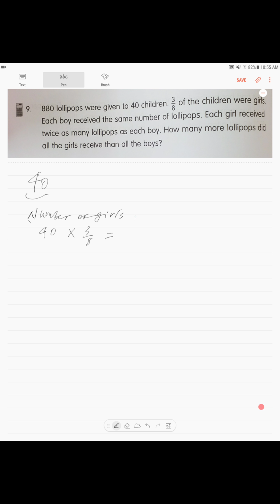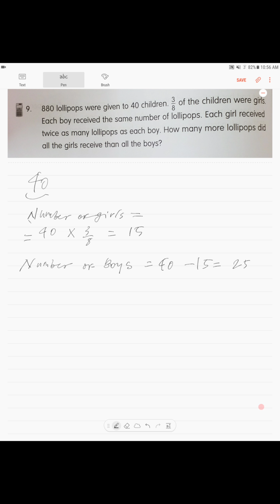Number of girls is equal 40 times 3/8, which is actually 15, right? Number of boys, 40 kids minus 15 girls, 25 boys, right? Okay, so we have our 15 girls and we have our 25 boys.